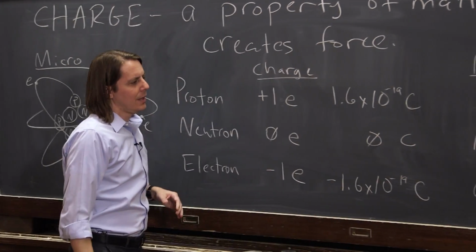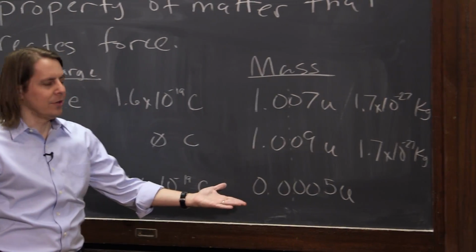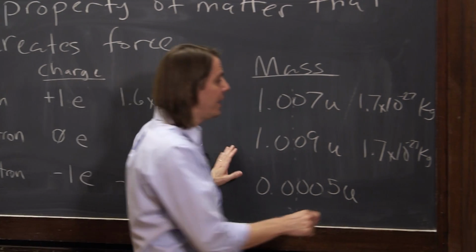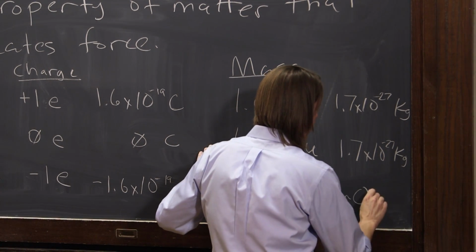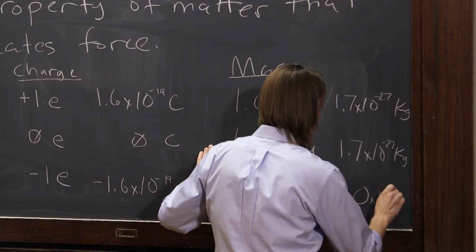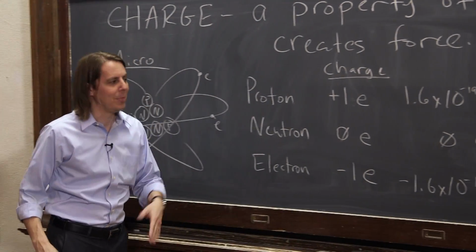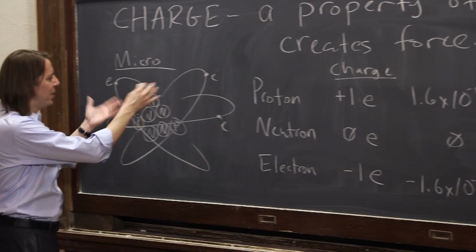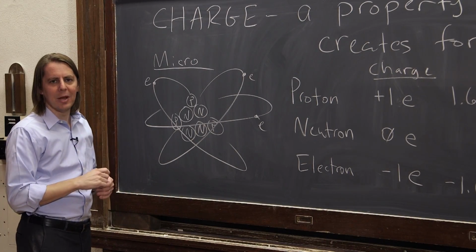And then finally, if we're keeping this level of precision, the electron is essentially massless. The electron is very light. We could say it is essentially 0 times 10 to the minus 27 kilograms. It's not really 0, it really has some mass. But if we're just being approximate about where all the mass is, it's really all in the nucleus, and the electrons are essentially massless flying around the outside.